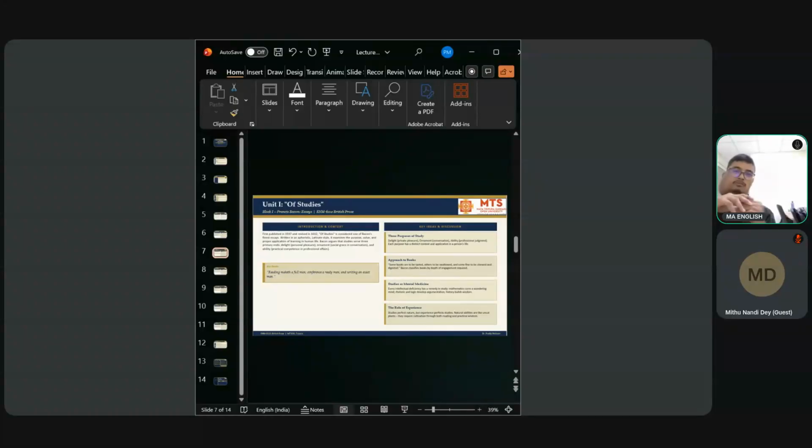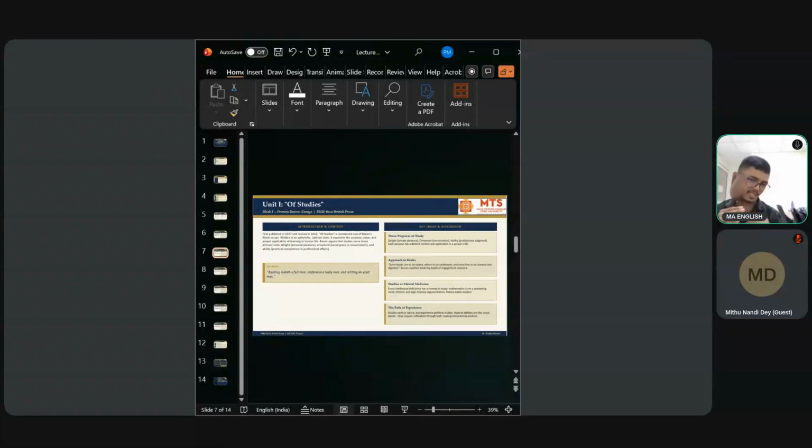Aphorism. So think of sayings like "time is money," or "actions speak louder than words." Quite common, right? So those are aphorisms.